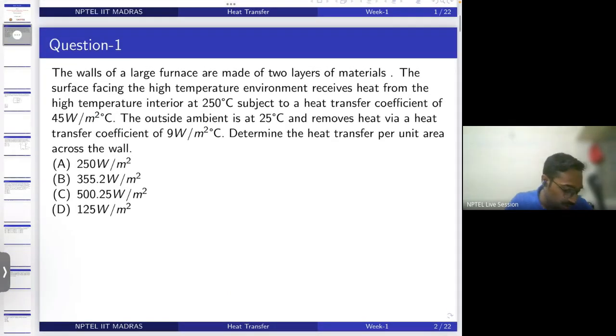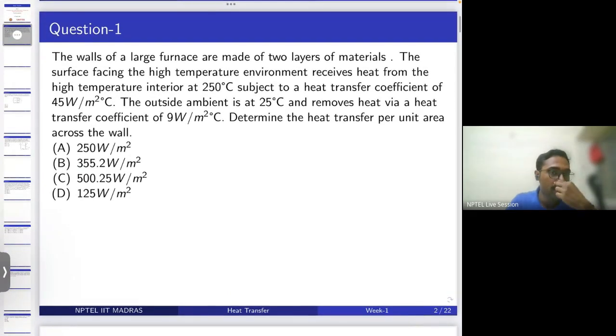In this question, the walls of a large furnace are made of two materials. So it's a conduction problem, a conduction in a composite wall. This topic was already discussed in week one. The surface facing the high temperature environment receives heat from a high temperature source at 250 degrees Celsius, with a heat transfer coefficient of 45 watts per meter square degrees Celsius.